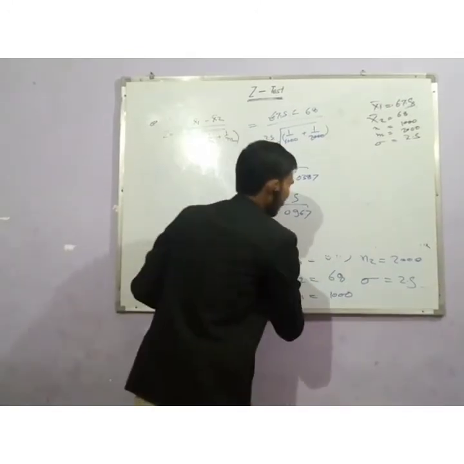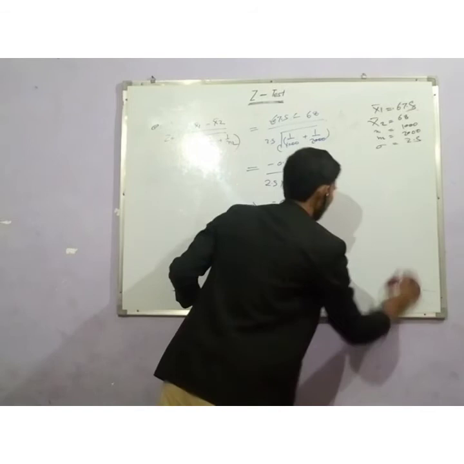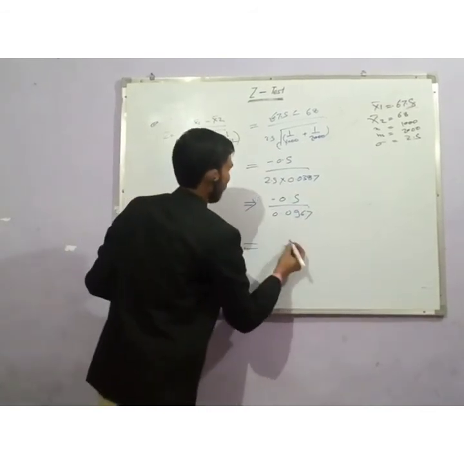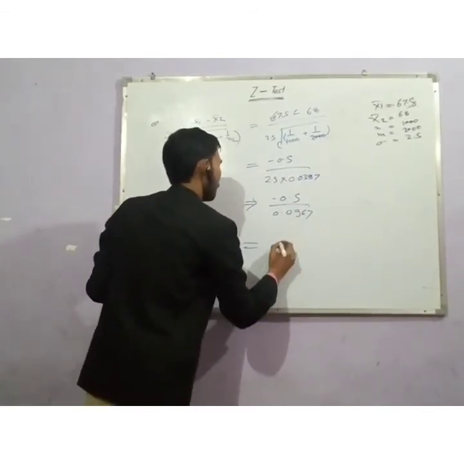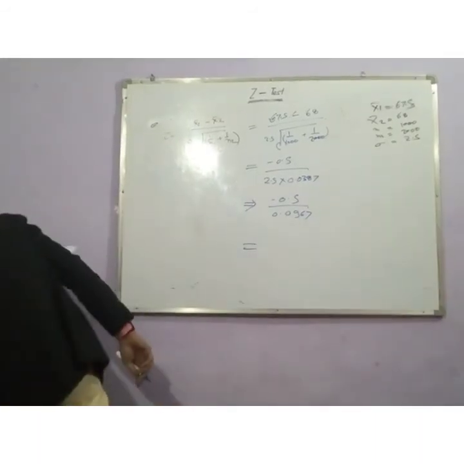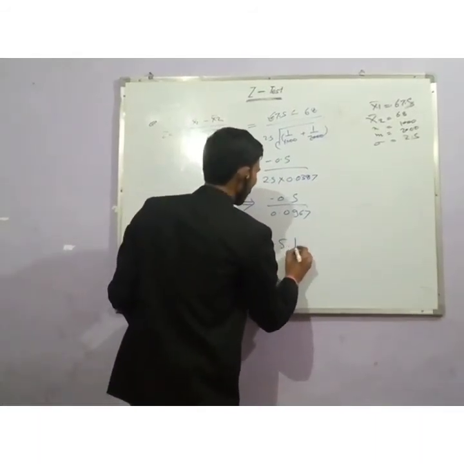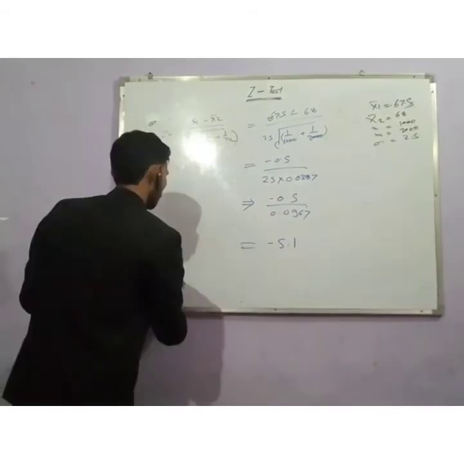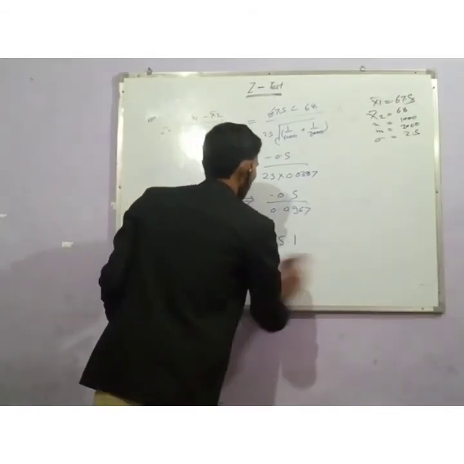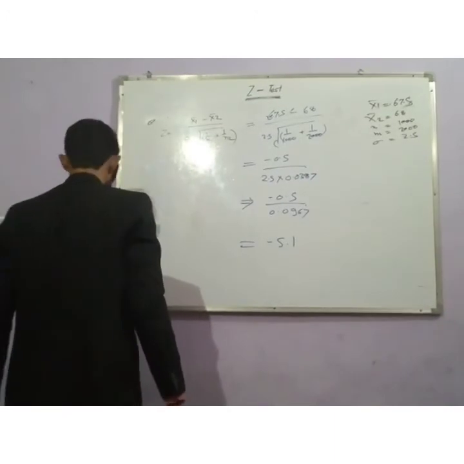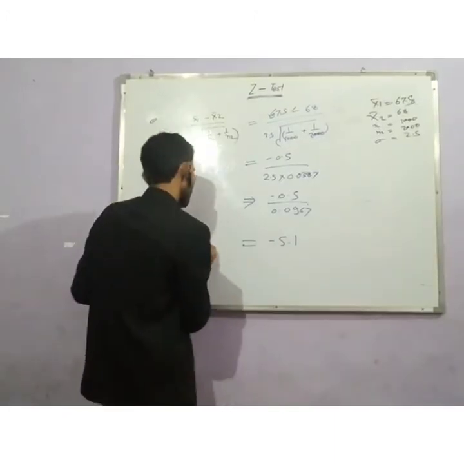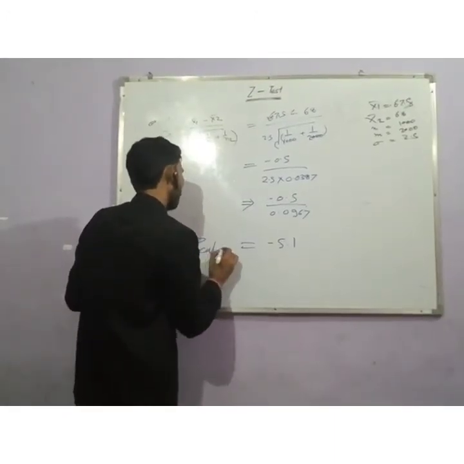Then after that, minus 5.1. So this is the Z calculated value.